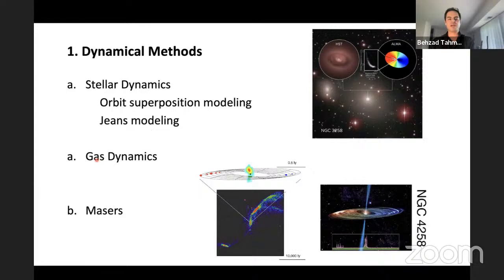There are other methods in the dynamical approach called gas dynamics and masers. The maser is actually the most powerful and gives a very precise measurement of the black hole mass in the center of galaxies. However, it needs very specific situations. There are water molecules like H2O in the accretion disk around the supermassive black hole that can emit intense microwave radiation, and they rotate in the very center of the galaxy through a Keplerian orbit.